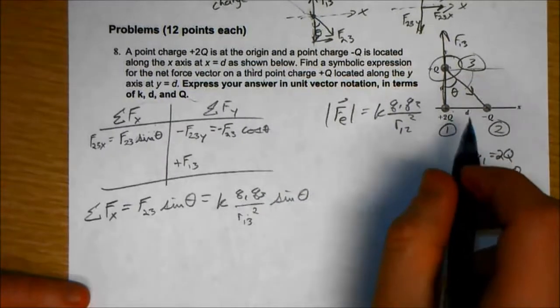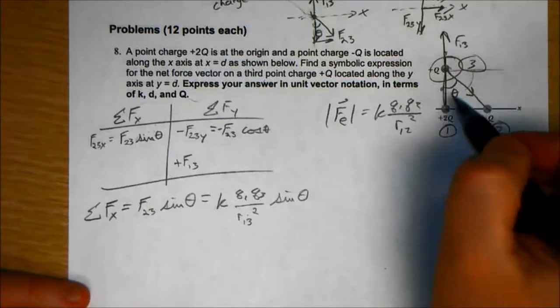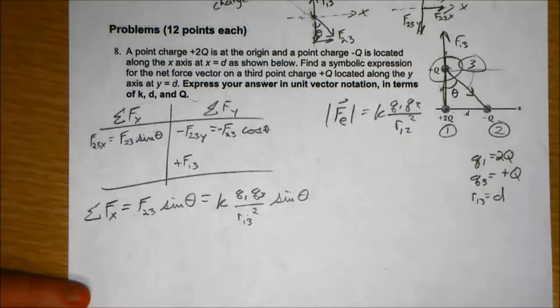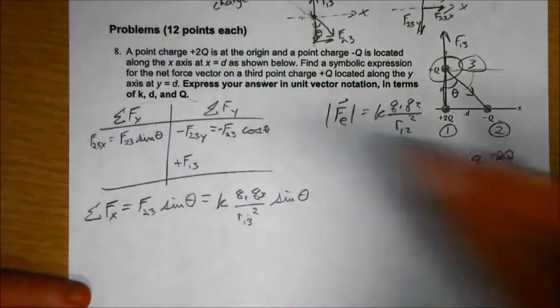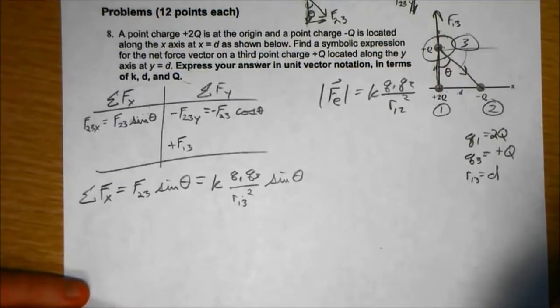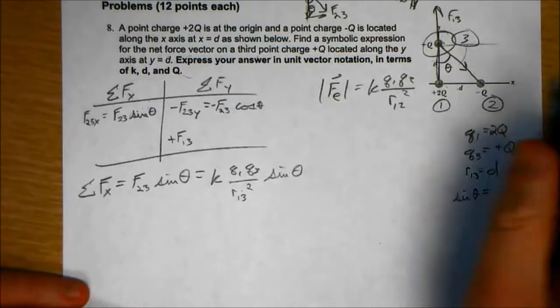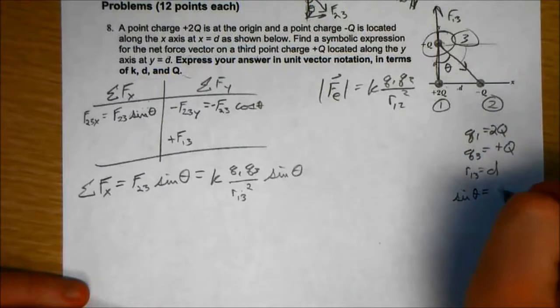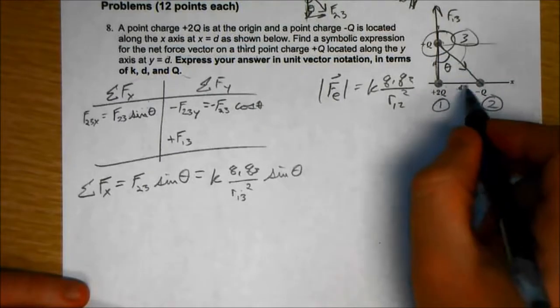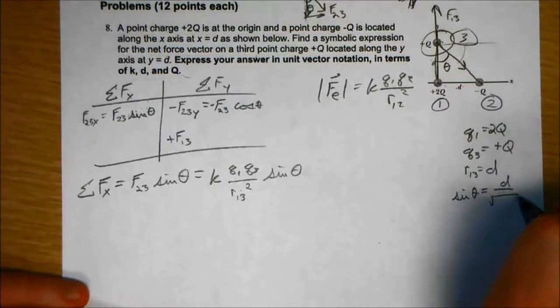Now we don't know anything about theta. Yes, you could say that because both sides are equal, theta is 45 degrees. I get that. We could do that. This is a slightly more elegant way to do it, to say sine of theta is equal to opposite, which is D, the opposite side of that angle, over the hypotenuse, which is the square root of D squared plus D squared.